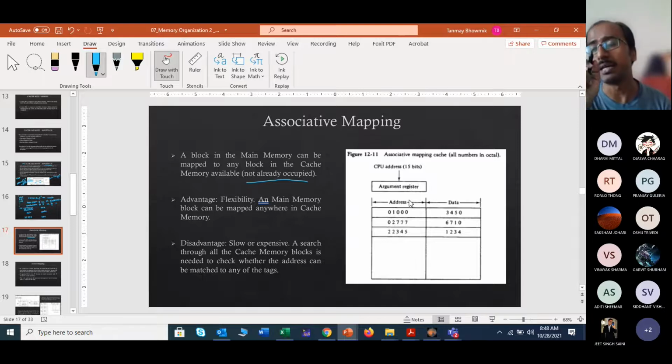Whenever you handle an array, most of the time we start by keeping one register like S0 or S1, and we take the address of the initial location of the array, giving the identifier name, and that address is transferred to that register.